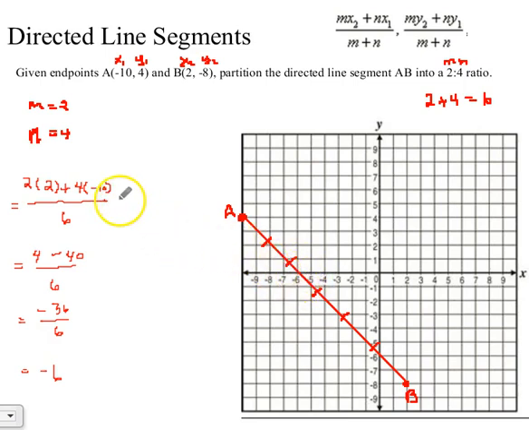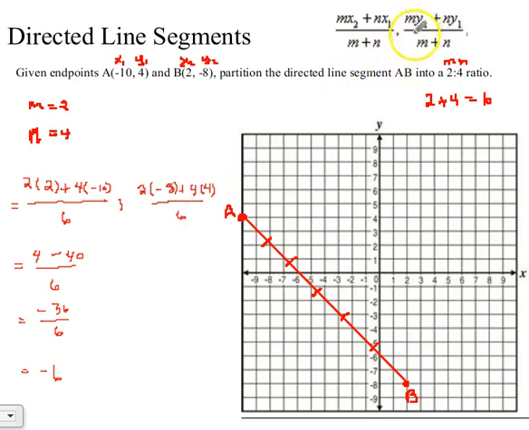Now let's go ahead and solve for the y partitioned at the 2:4 ratio. Okay, so we're going to have 2 times y2, which happens to be -8, plus N, which is 4, times y1, which happens to be 4, divided by M plus N, which is 6.